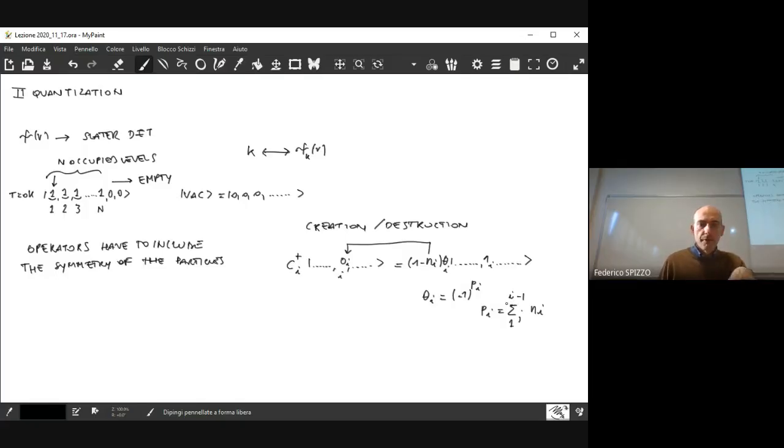As soon as I have also defined the destruction operator, I will make an example of the action of those operators, so the meaning of pi will be clear from the example. So in this way, 1 minus ni is to prevent the double occupancy of one level. Theta I is to guarantee the right sign to the final state induced by that operator. So this is the creation.